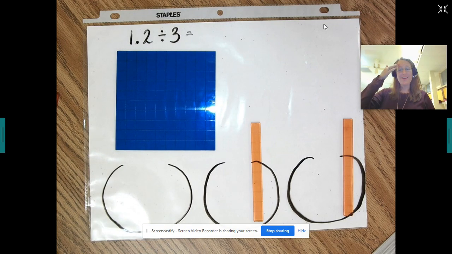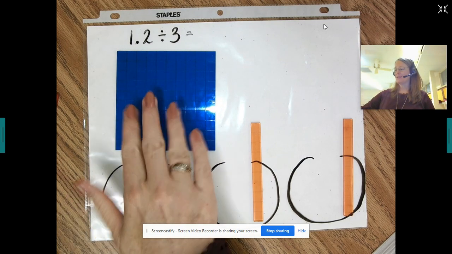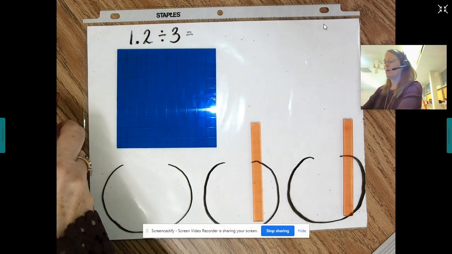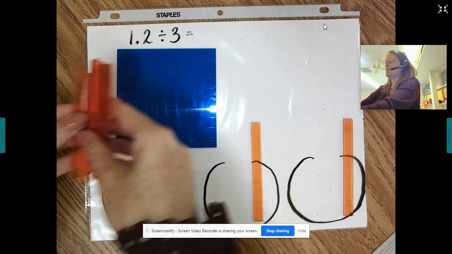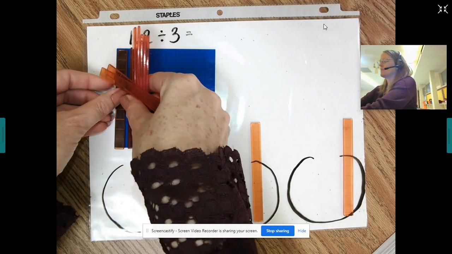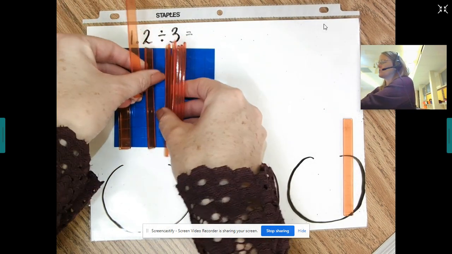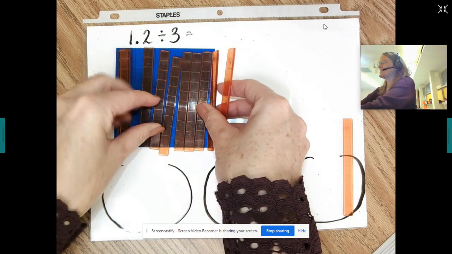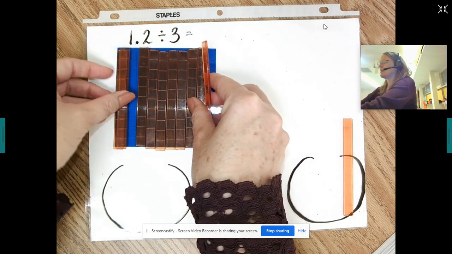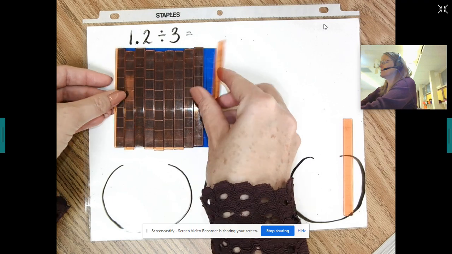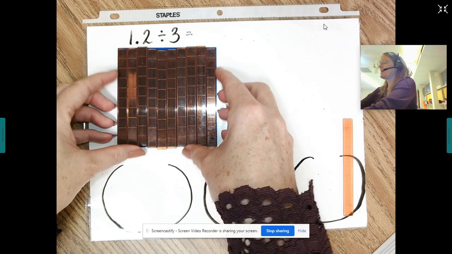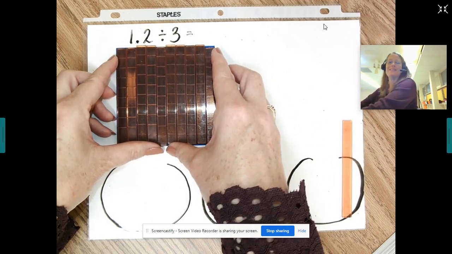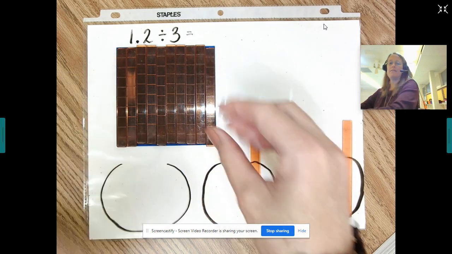So something that I know is that 1 whole is the same thing as, let me do this real quickly, as how many tenths, guys? It's the same as 10 tenths, okay?